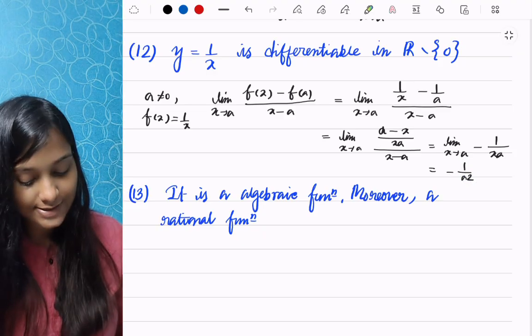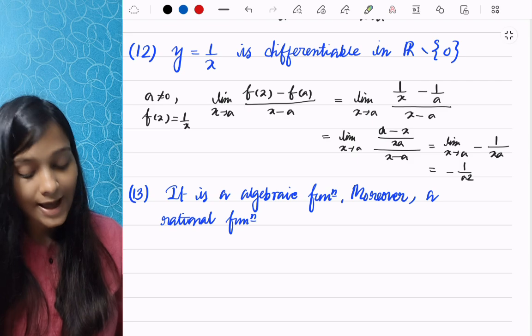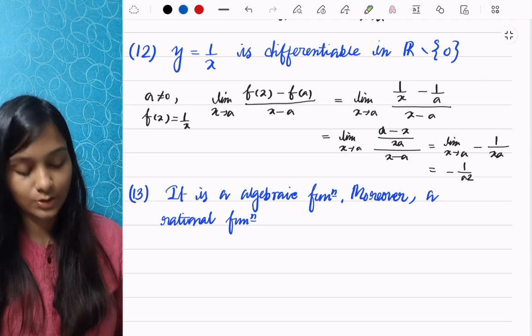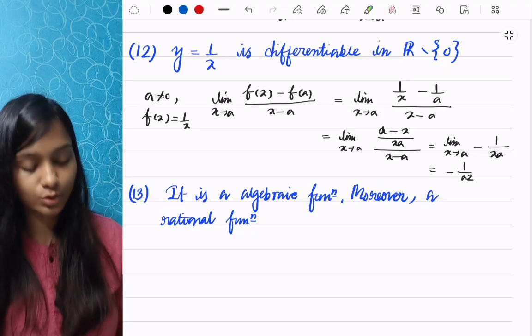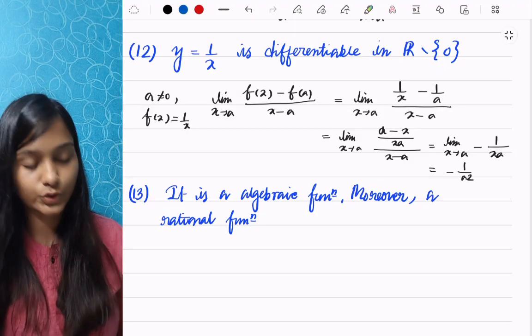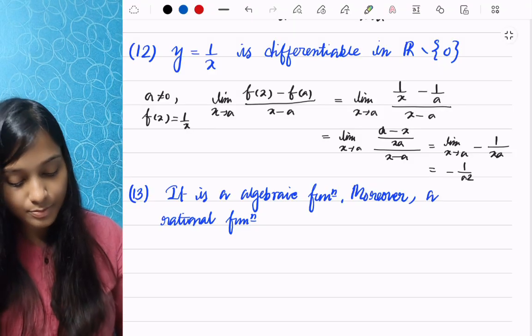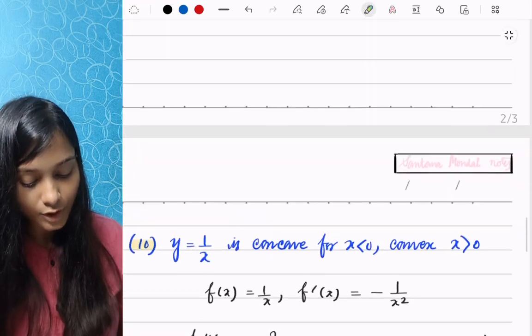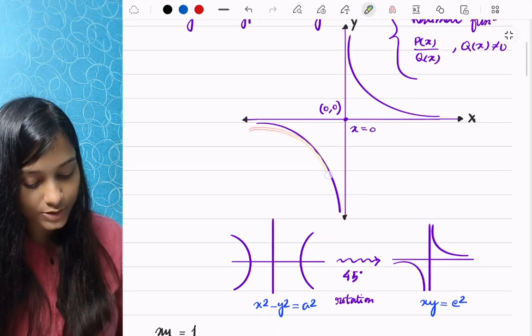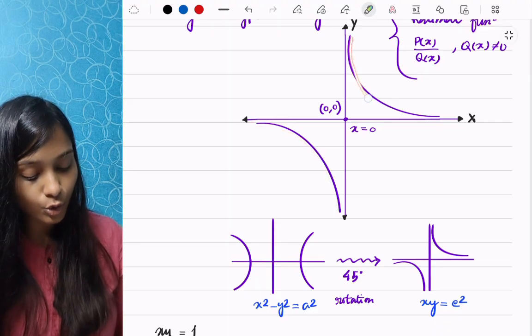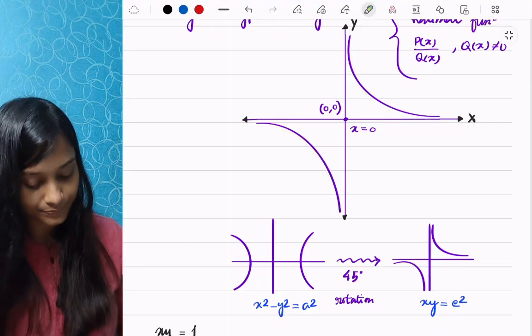So this function is differentiable at every point in R minus 0. As this limit exists, the derivative also exists. And from the plot of this function, we can see that this function can be drawn smoothly and there are no sharp edges in this function.